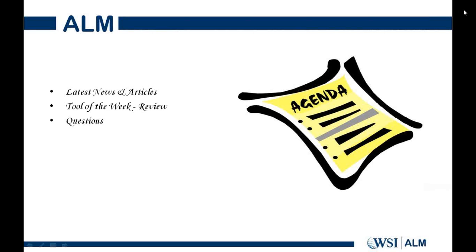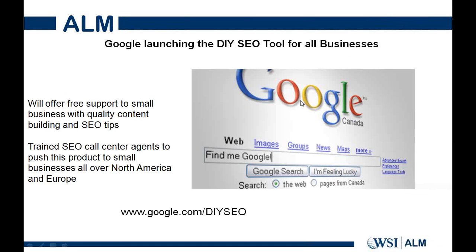All right, terrific. Let's get started here. So our first news of the week, let's move on to that, is, okay, so this is pretty unbelievable news. It's pretty crazy, just fresh news straight off the press. Google's launching a do-it-yourself SEO tool for all businesses.